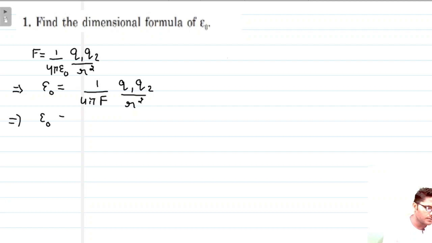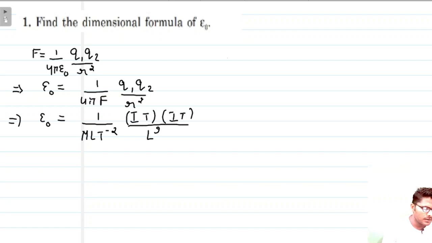Substituting the dimensions of these quantities: 1 over 4 pi, 4 pi is a dimensionless constant, the dimension of force is M L T minus 2, and the dimension of charge is I into T. And the dimension of R is length, that is the separation between two charges.